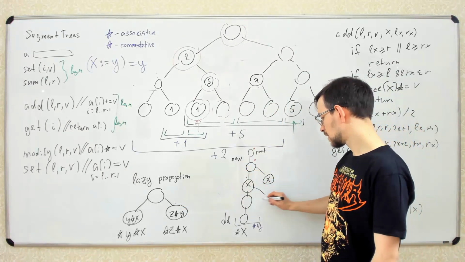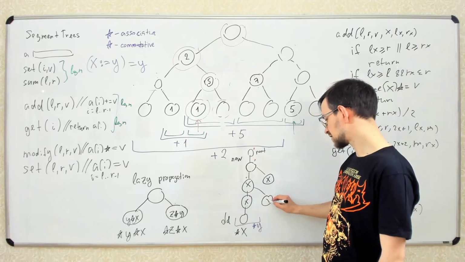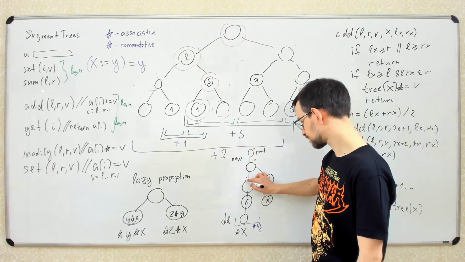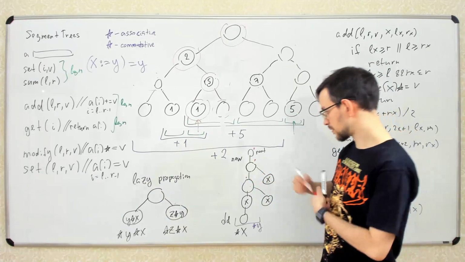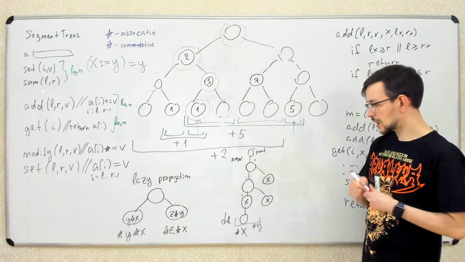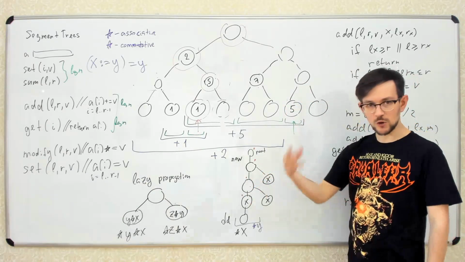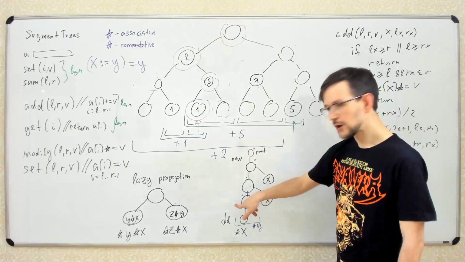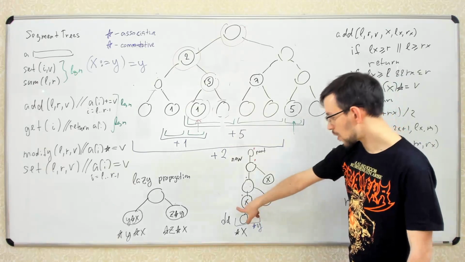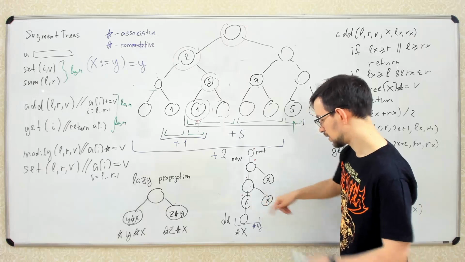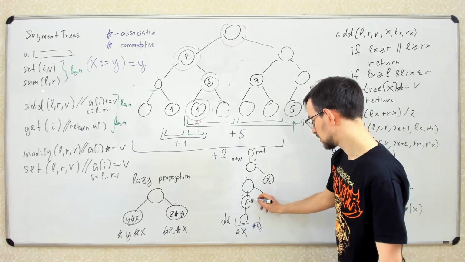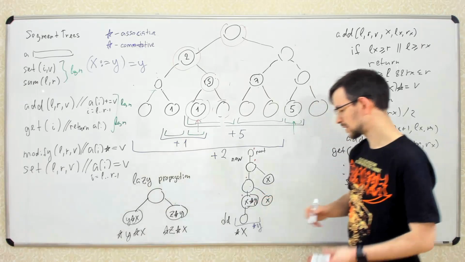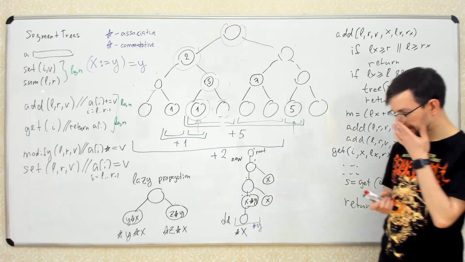So I move this x here, move this x here, and go deeper in the recursion, go here. And here I stop the recursion because I want to apply y to the whole segment. So I just apply y to this segment by adding it to x and y. And that's all.